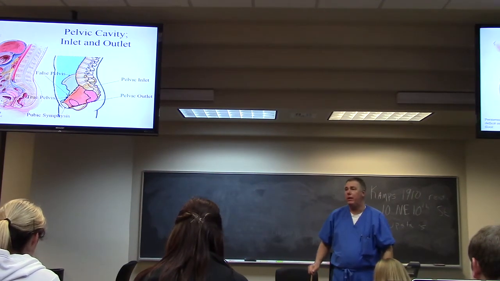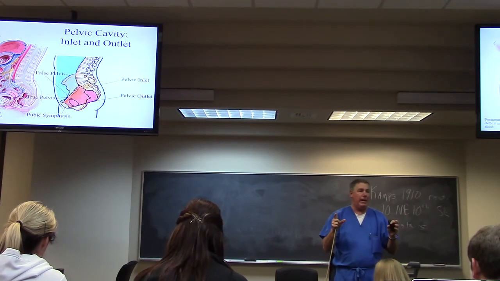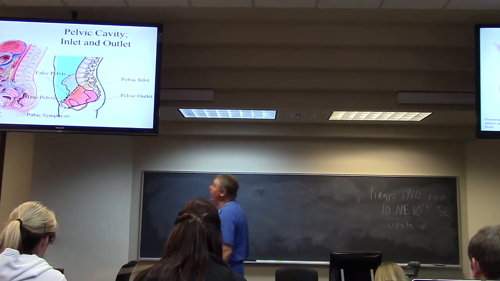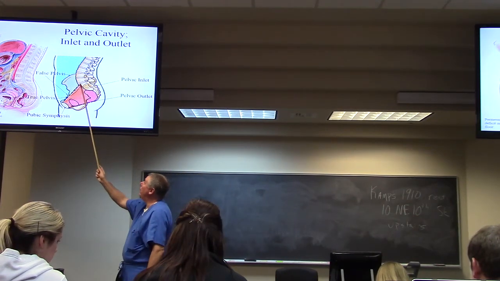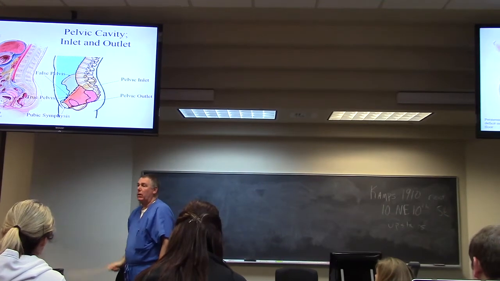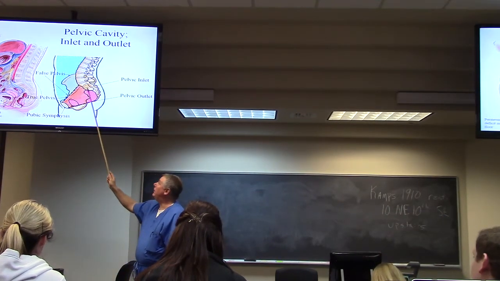What exactly is the pelvis? The pelvis is that area defined by the os coxae, C-O-X-A-E, the bony pelvis. If you draw a line from L5, S1, where they meet, that's called the sacral promontory. It projects forward.